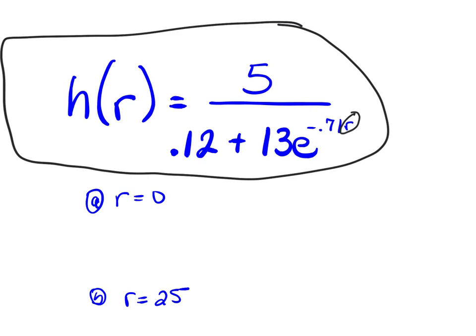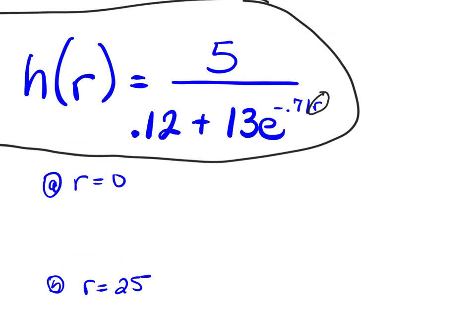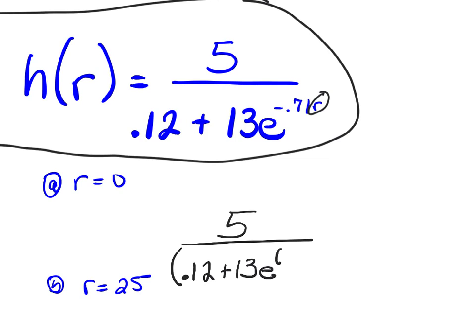So let's evaluate B. Let's do this together so you guys understand how to do this in your calculator. It's 5 divided by, and then parenthesis, 0.12 plus 13e to the parenthesis, negative 0.71 times, we're going to do 25 here.